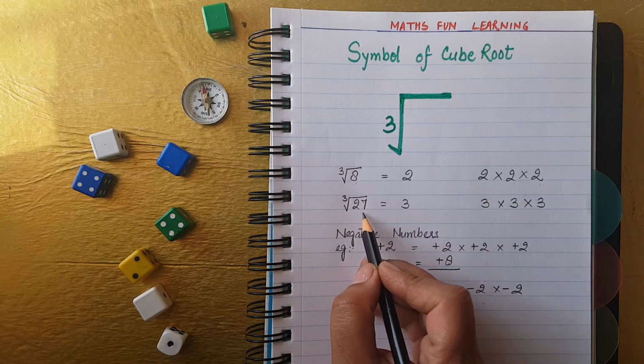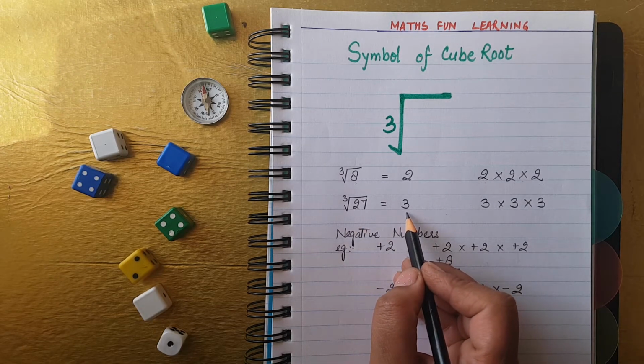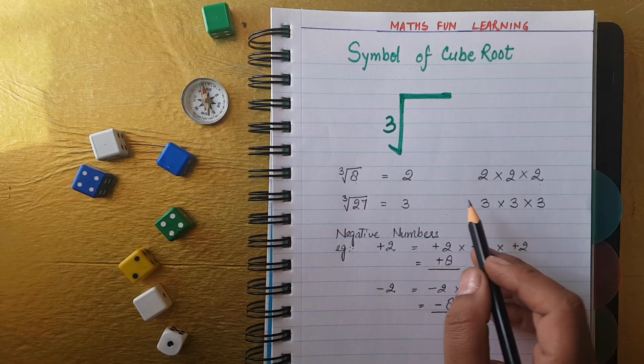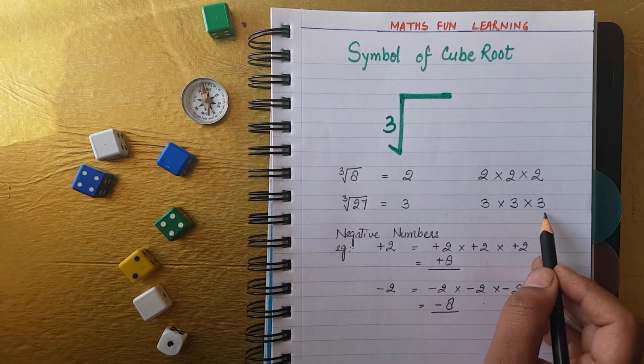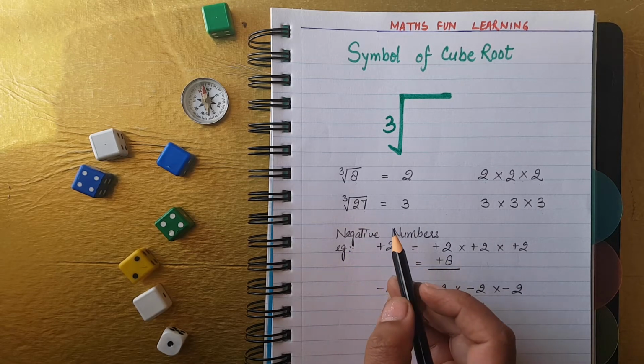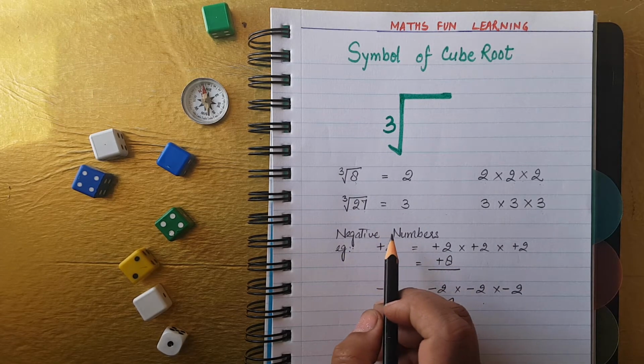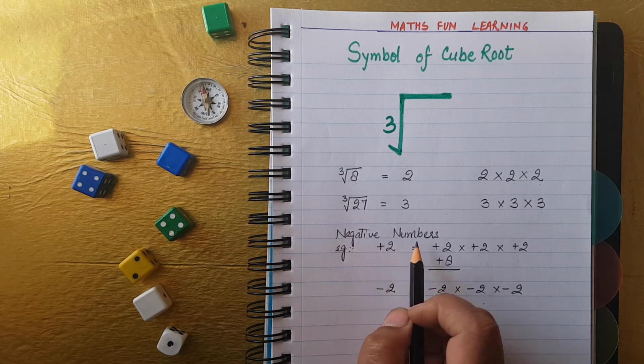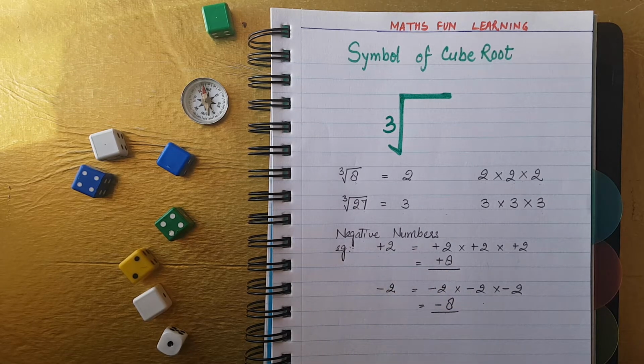So what is the cube root of 27? It is 3, because we use 3 three times, and if we multiply, we get 27. Now kids, you have to understand the cubes of negative numbers. We can find cubes and cube roots of negative numbers also.